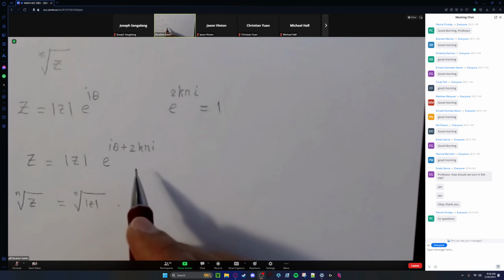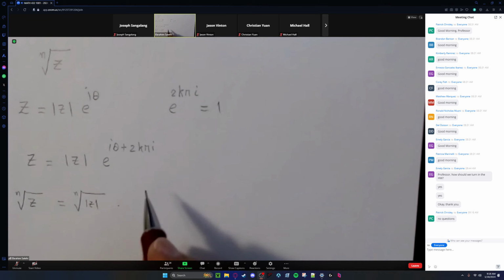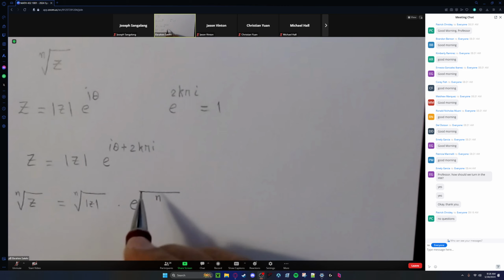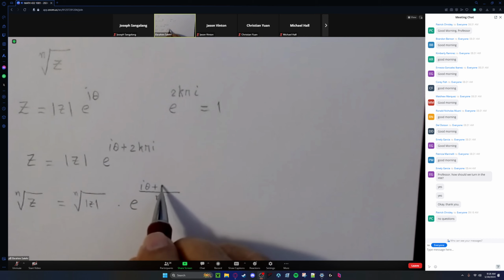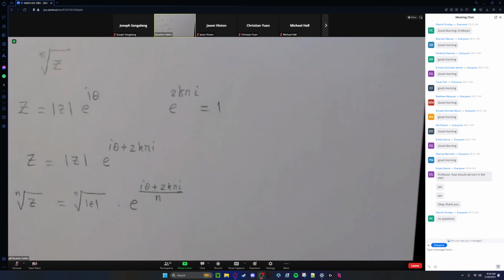Nth root of this one means just this e to the i theta plus 2k pi i. Right?